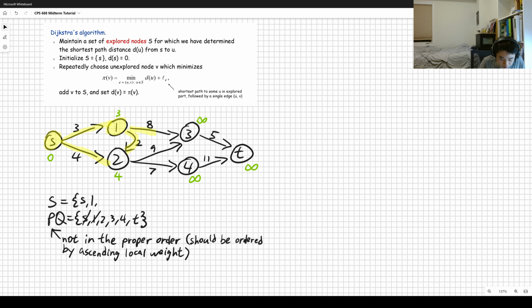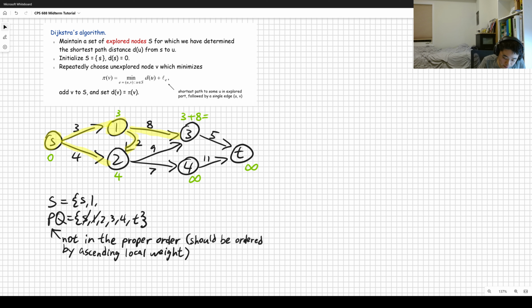So how about number 3? For number 3, we first have number 1 locally having the total of 3, and then we add 8.